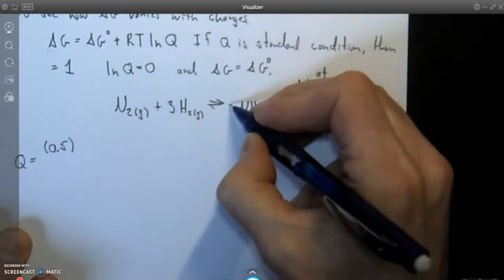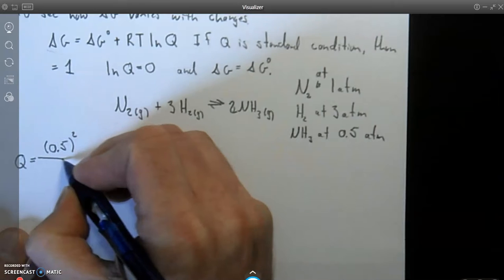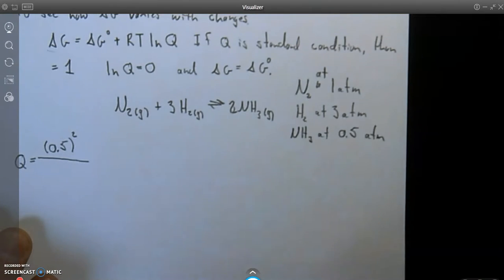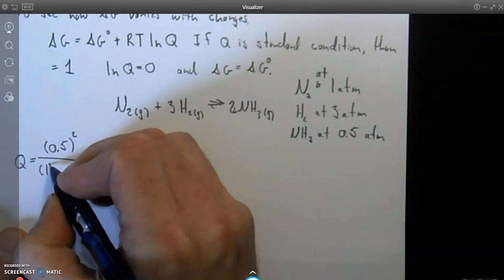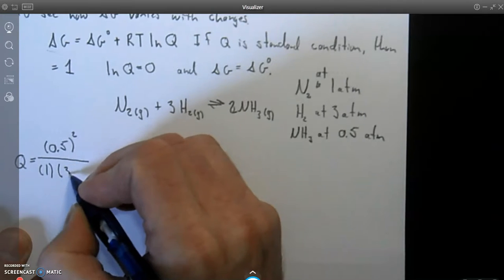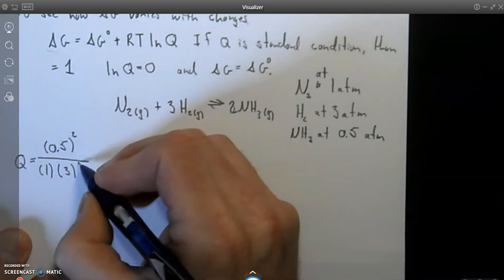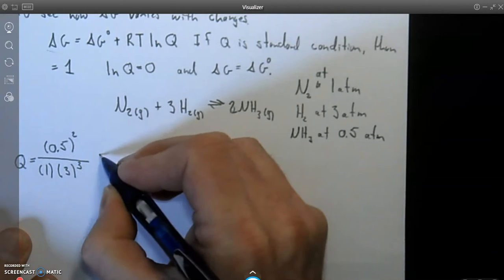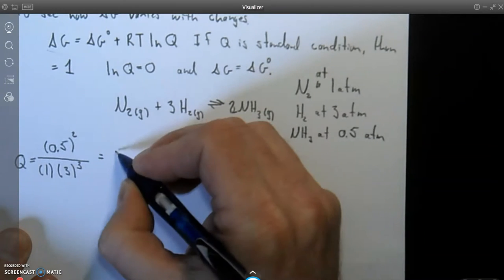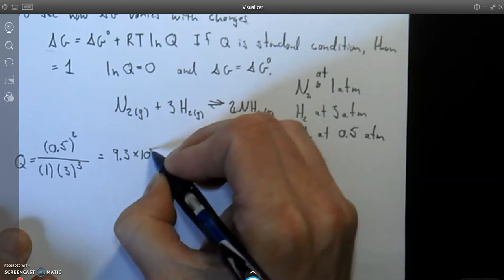This should be a 2. So there we go. Should be 2. And 1 for nitrogen is simply 1. And 3 for hydrogen is raised up to the third. That gives me a value of 3.3 times 10 to negative 3.